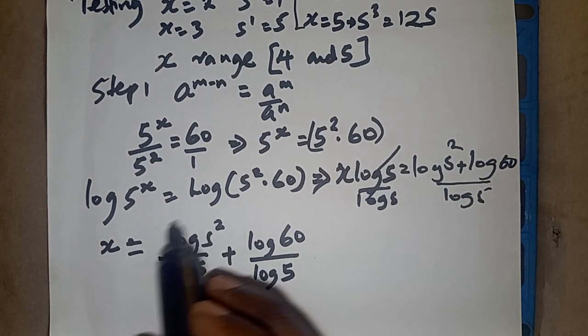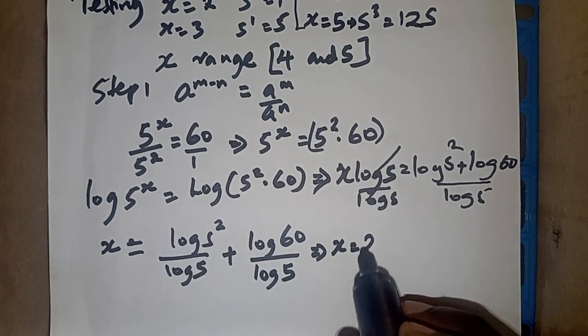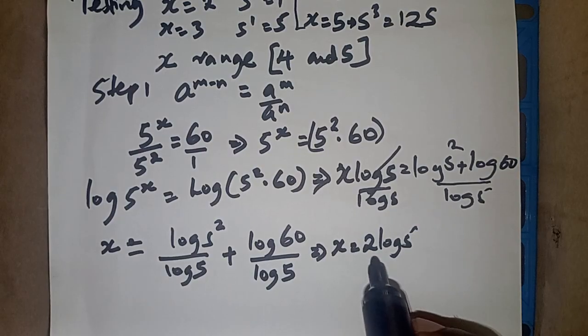Simplifying further, these two can come this side as x is equal to 2 log 5 divided by log 5.